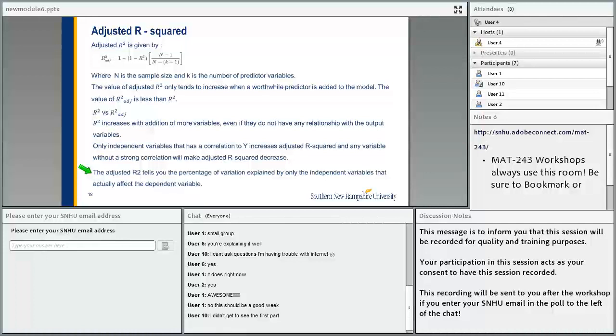Okay, Rick, I see that you said you didn't get to see the first part. What I'll do is wait for a few more minutes to see if anybody has questions on the overall thing. After that, once we are done, I'll be happy to go back and show you the first few slides and explain a few things to you.